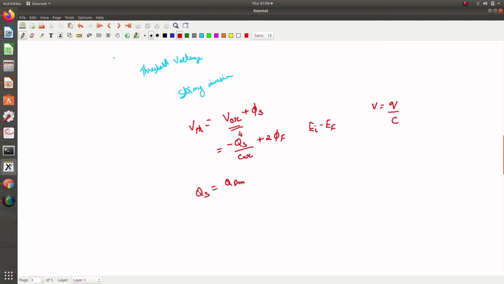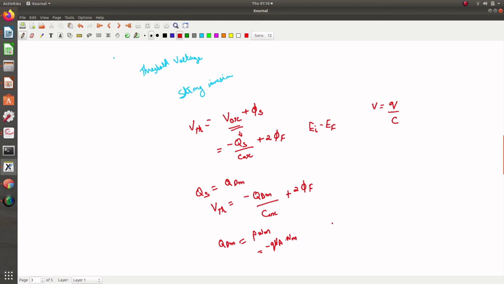So we can rewrite VTH is equal to minus Qdm by COX plus 2 phi F. And we also know Qdm, the depletion charge at the depletion, is equal to rho Wm, which is minus Q Na into Wm, where Wm is the depletion width.